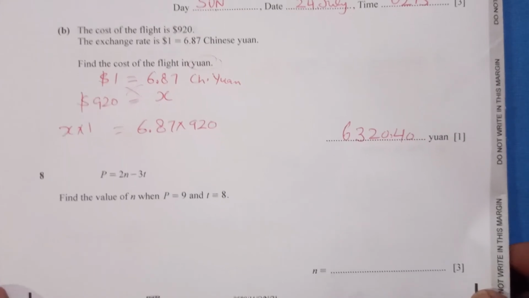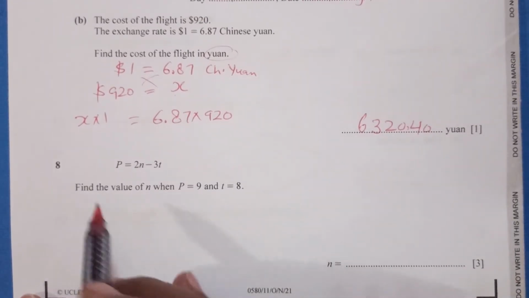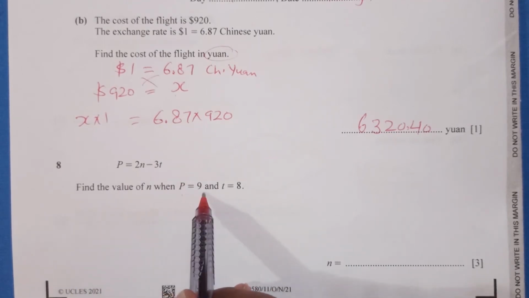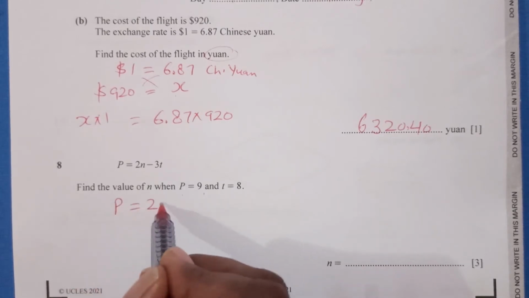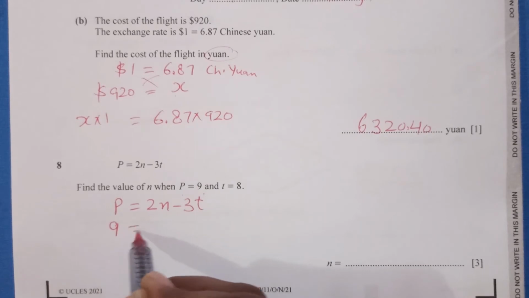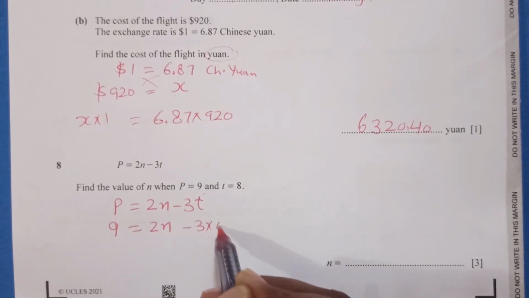Number 8. Number 8 we have P is equal to 2n minus 3t. Find the value of n when P is 9 and t is 8. So we can write down P as 2n minus 3t and P is 9. Just replace the values which are given. 3t is 3 times 8.